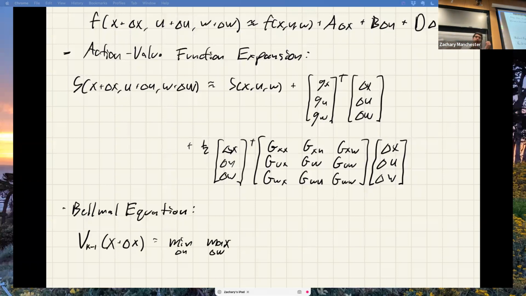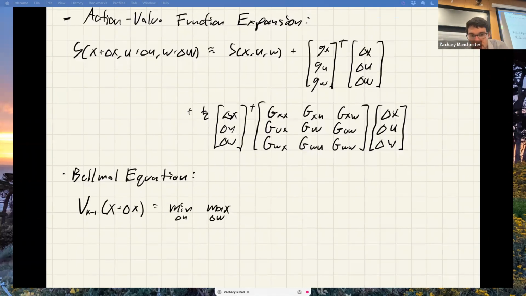One way to think about this is that it's exactly the same, but you could think about it as treating W as just more control inputs. So you could get most of this by imagining you stacked U and W and made that a new control input. It would look essentially the same, but you're minning and maxing over the two pieces. That's the only thing that changes.